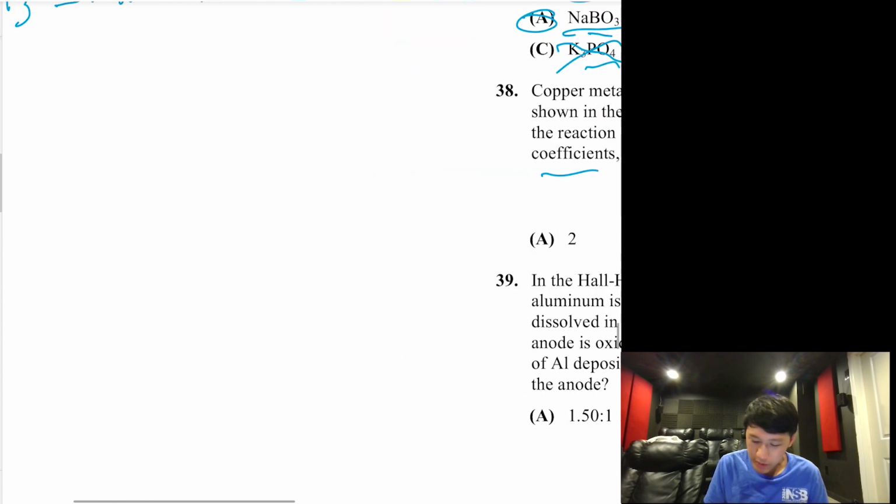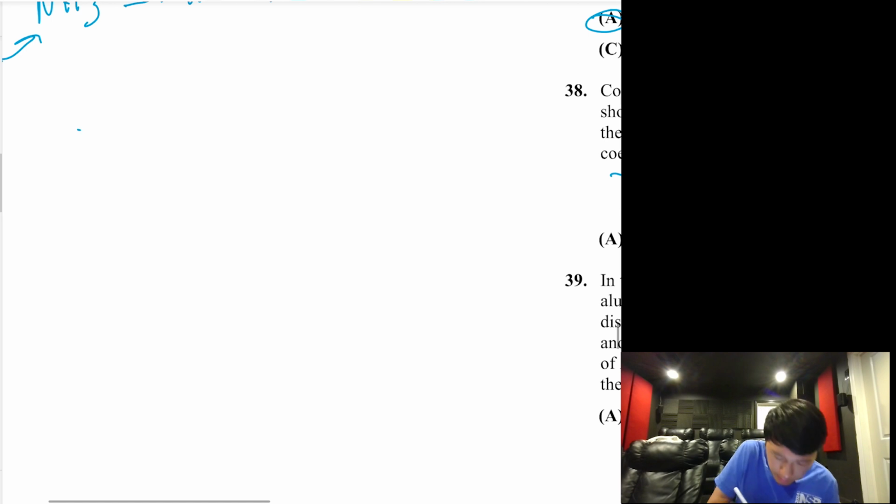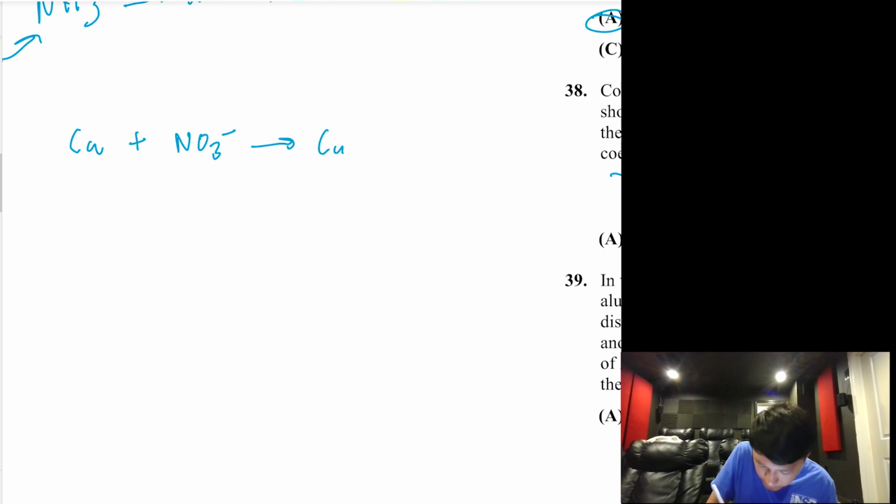So let's just write out the reactions first, not including the acid and water. So we have copper and the nitrate ion going to copper 2+ and NO gas. In this case, the atom being oxidized is copper, so it goes from 0 to +2. And the atom being reduced is nitrogen, so it goes from +5 here to +2 here.